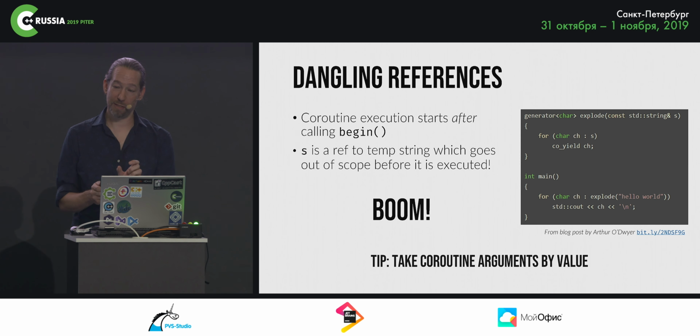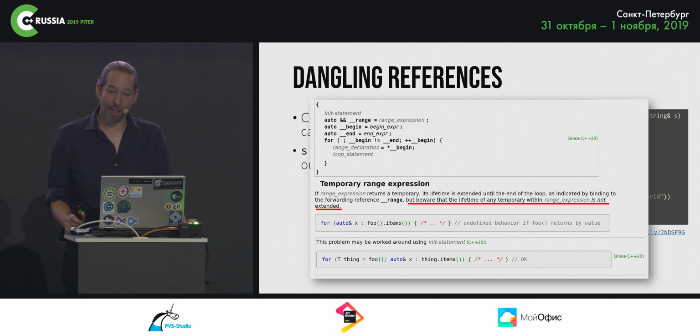That generates a temporary std::string, which is taken by reference, in this case a const reference. However, if we look at the range-for documentation, it says that beware that the lifetime of any temporary within the range expression is not extended.